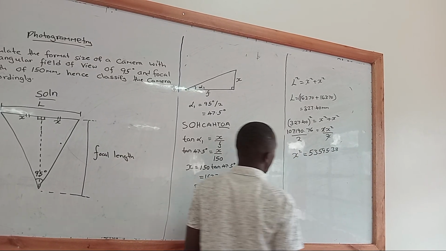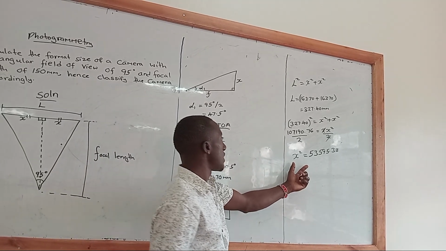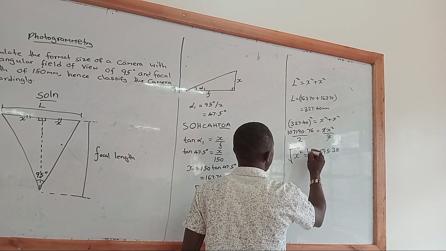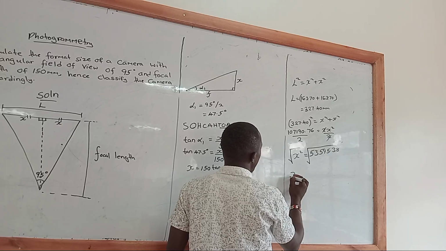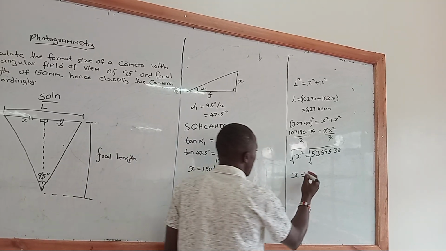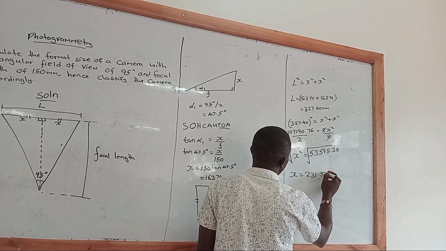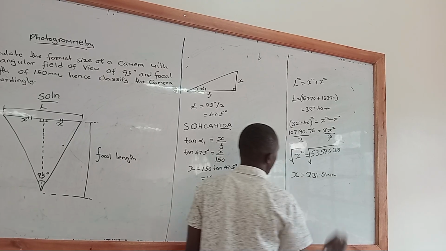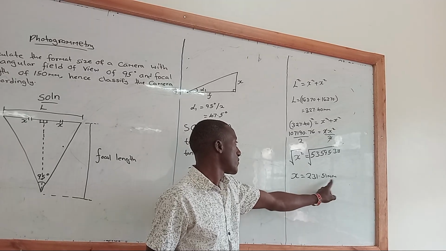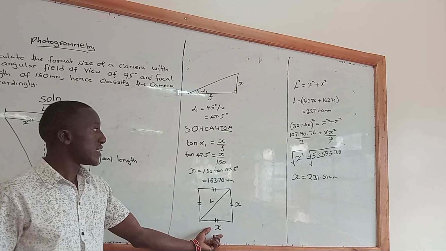x squared gives us 53595.38. So we want x. So we will find the square root on both sides. So you will get x to be 231.51 millimeters. This 231.51 millimeters is one of our sides.